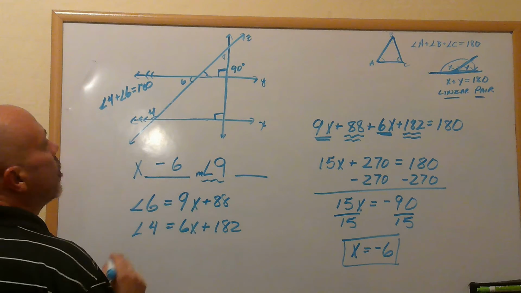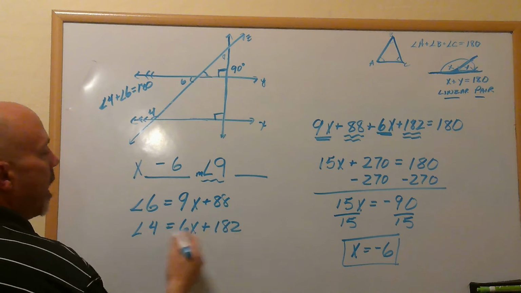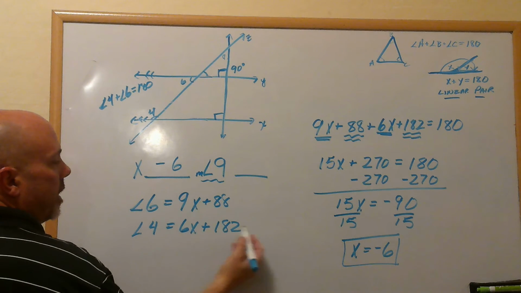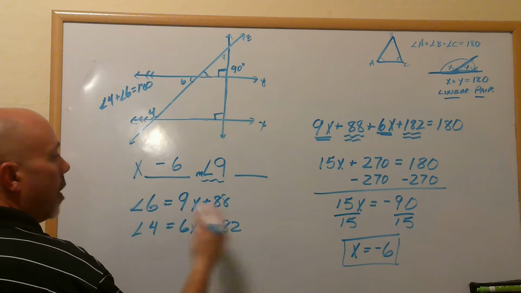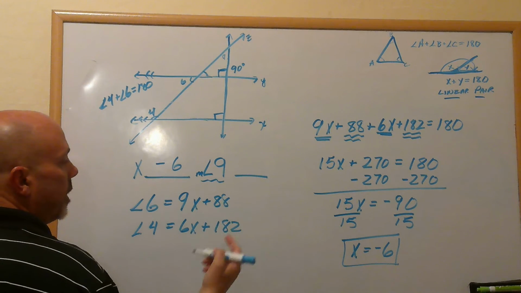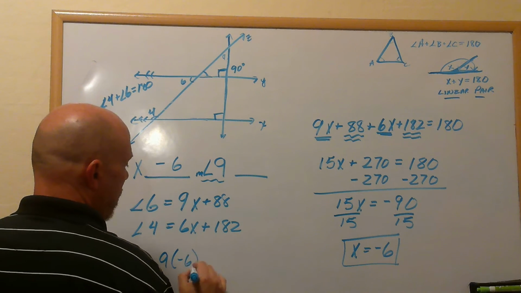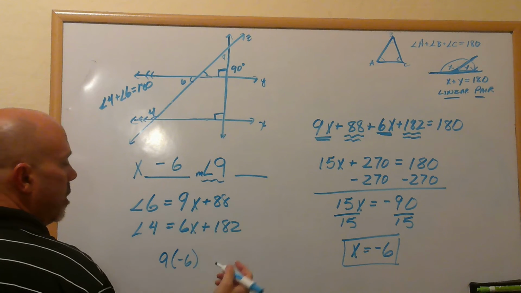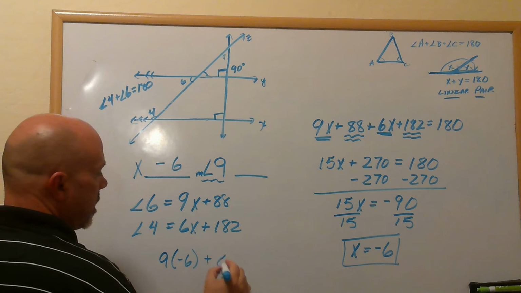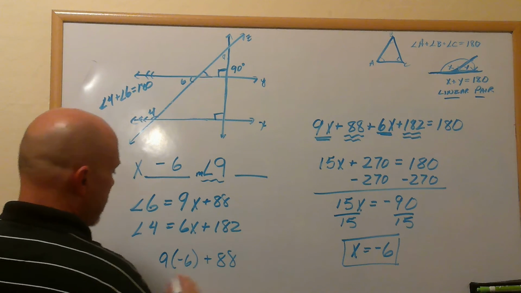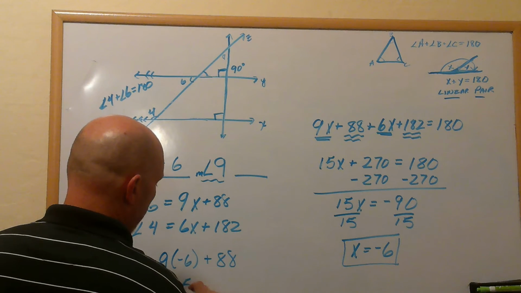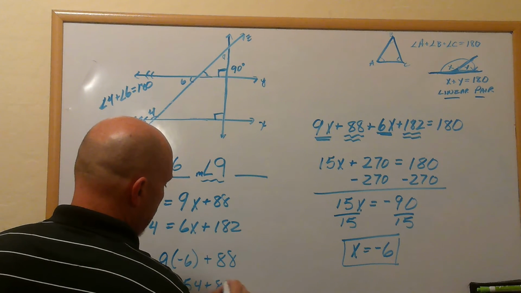So I don't even have to worry about angle 4 anymore, so I'm not going to even bother putting the negative 6 into here and finding out what that adds up to. I'm just going to simply do this one. So I have 9 times a negative 6. Again, I'm going to substitute my x value back into the original expression, plus 88. So 9 times a negative 6 gives me a negative 54, plus 88.